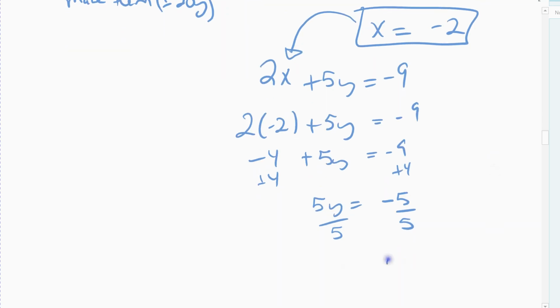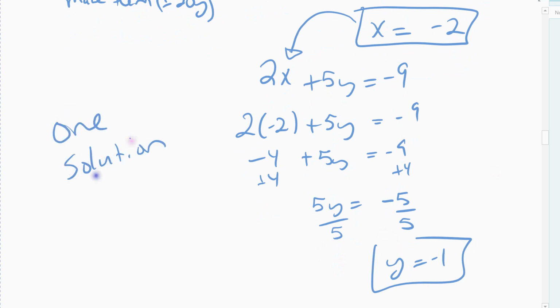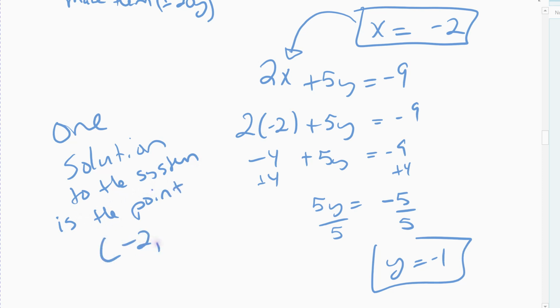When I solve that, I get y equals negative 1. And so there's my one solution to the system: the point x is negative 2, y is negative 1.